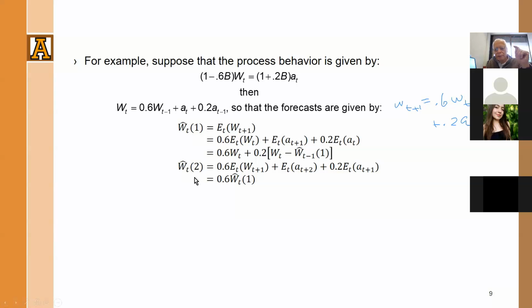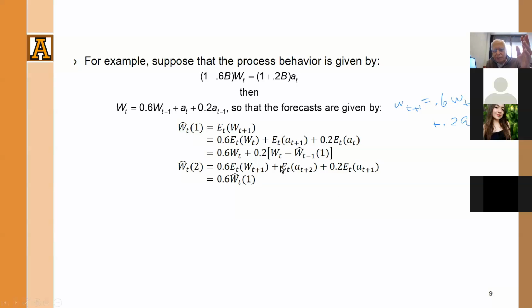If we go 2 periods ahead, we do the same thing. We replace what WT plus 2 is, and we get 0.6 times the conditional expectation at time T of WT plus 1, plus the conditional expectation of AT plus 2, plus 0.2 times the conditional expectation of AT plus 1. The conditional expectation of WT plus 1 is the optimal forecast 1 period ahead, because we already saw that the optimal forecast is the conditional expectation.